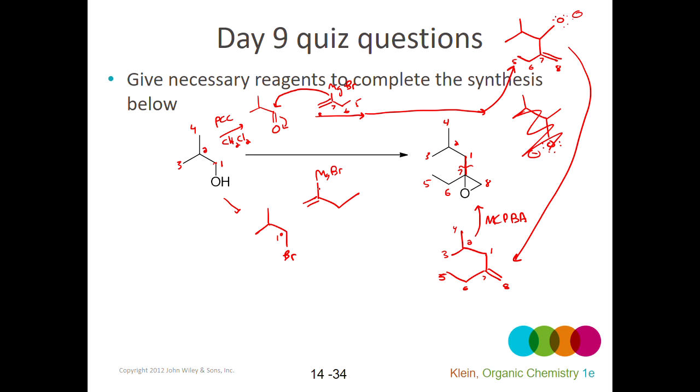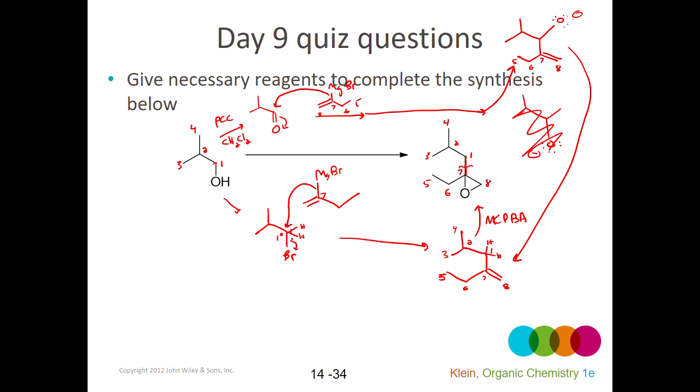So I would expect the Grignard to probably be able to attack it and push that out. And that would make the new bond between 7 and 1, and would only leave behind a couple hydrogens here on 1. So that would actually go right to the penultimate molecule, which would then need to be treated with MCPBA to make the epoxide. So that looks actually pretty good.